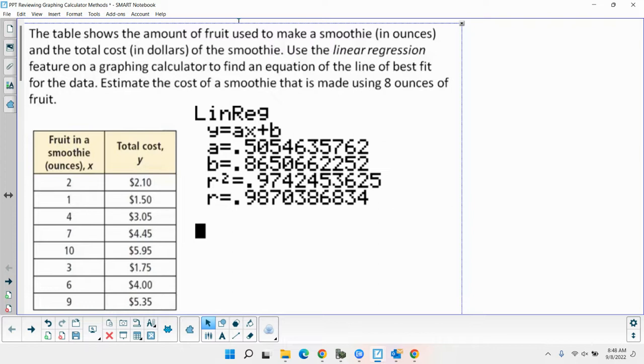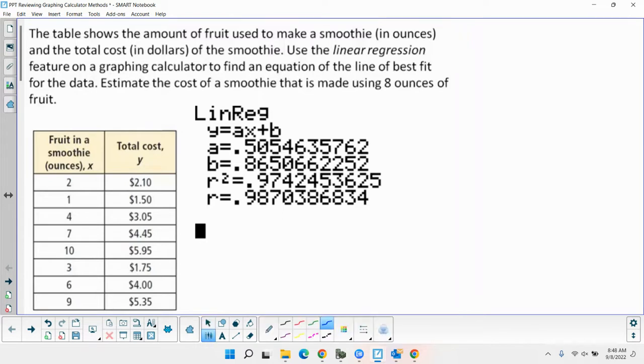Okay, so the equation I'm going to write is y equals, and I like to go to thousandths, so 0.505x. My b is positive, so plus. If my b value was negative, I'd write minus 0.865. Okay?